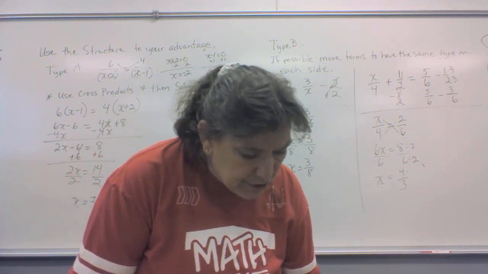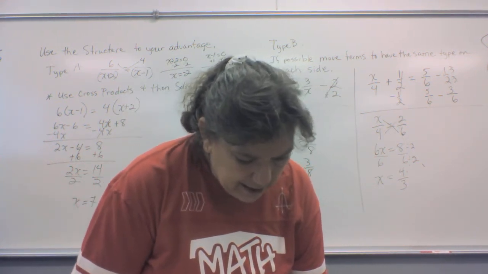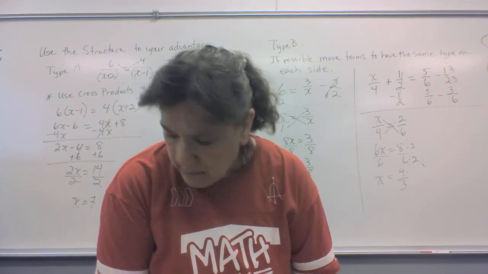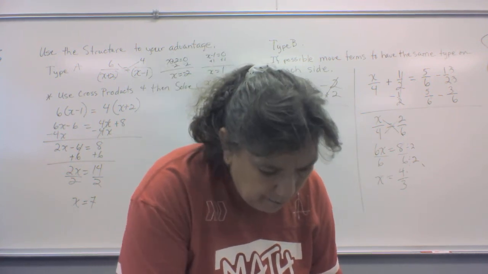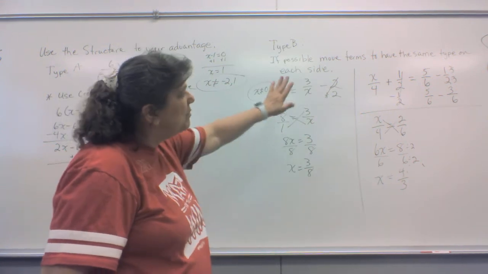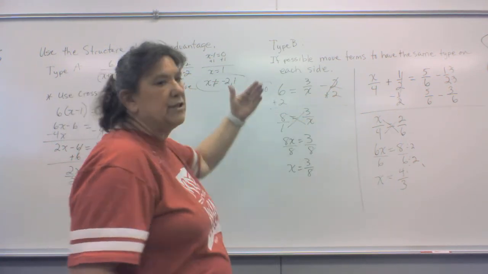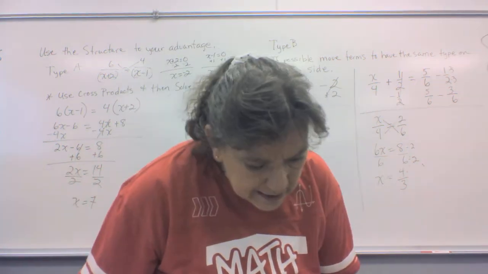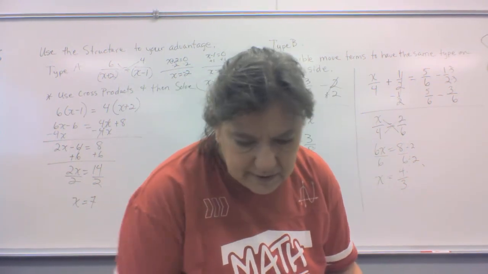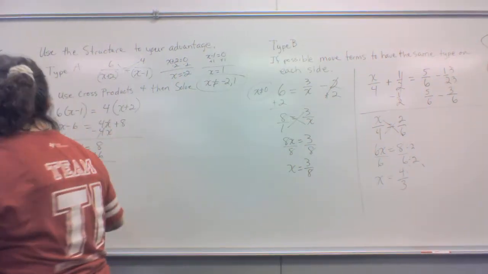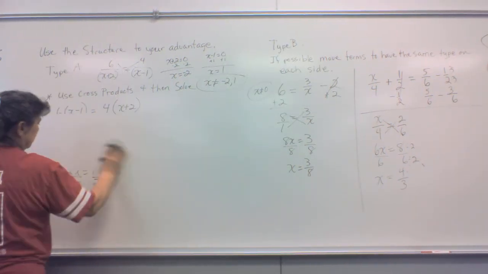So those are the 2 type B. Now, type C was our last one. What kind of terms are they? Well, that's what we've used. We figured out what the terms were to do your 2 different types. Okay, so now let's just look at some examples of these 2 types. And we'll do several problems to help you.